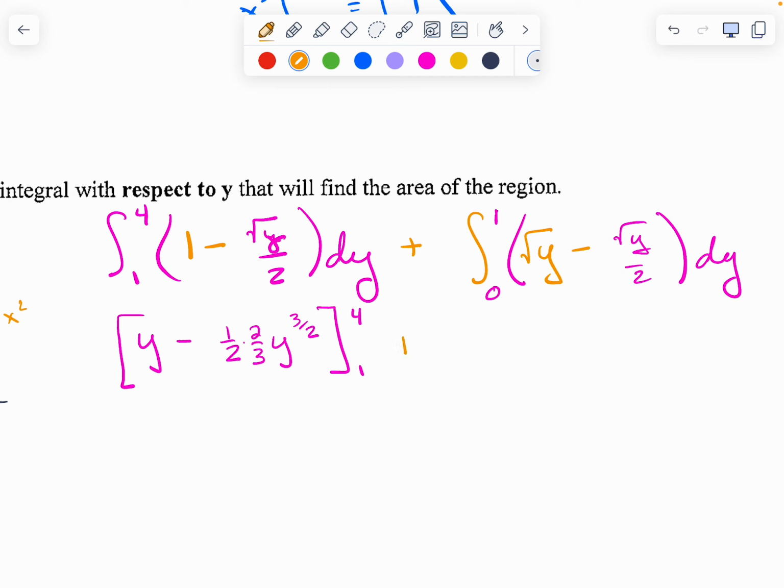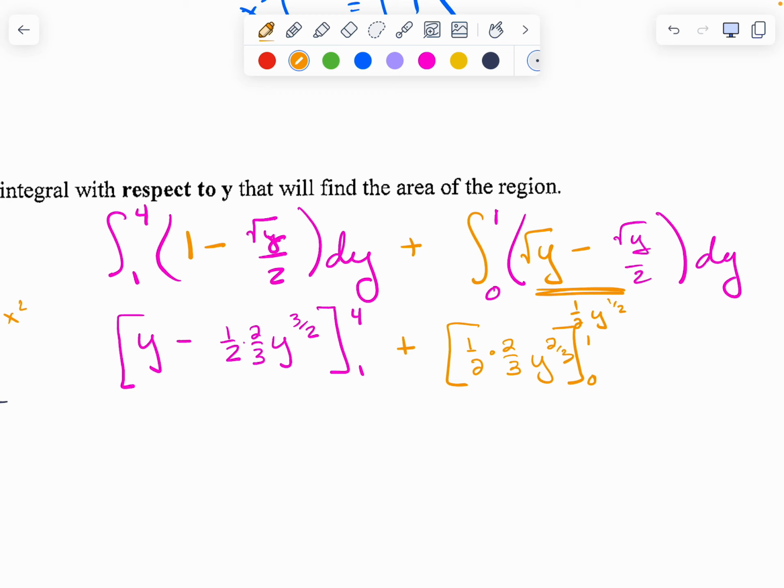For this one, I end up with y to the 3/2 times 2/3. Oh, do we want to simplify first? We could have simplified this and said this is 1/2 y to the 1/2. Yeah. Okay, so then we have 1/2 times 2/3 y to the 3/2. This one's being evaluated from 0 to 1.